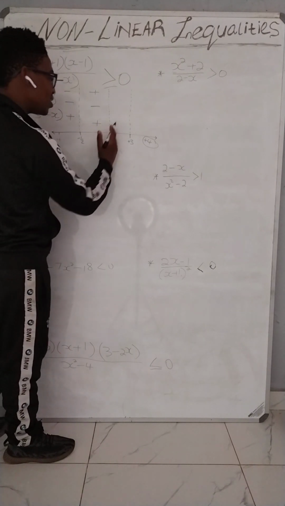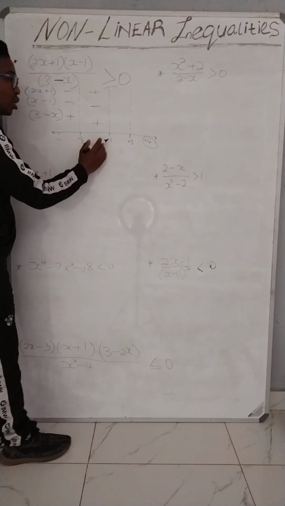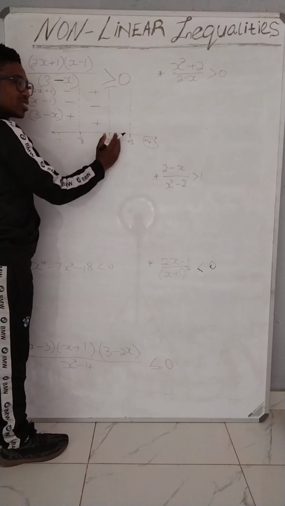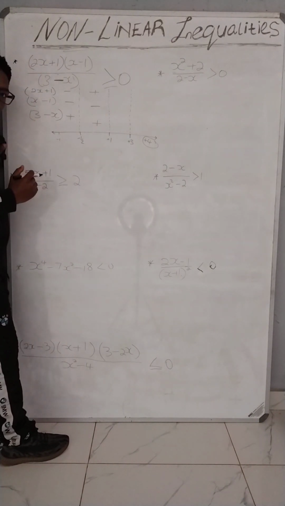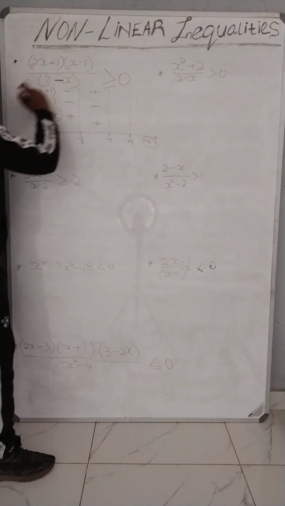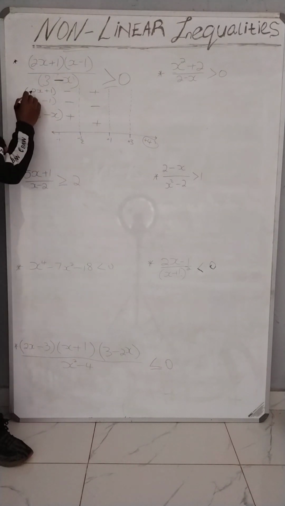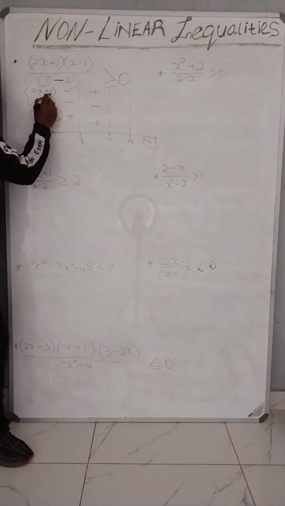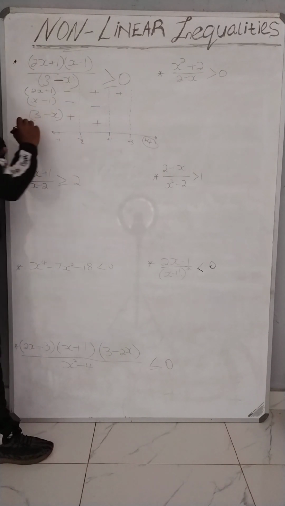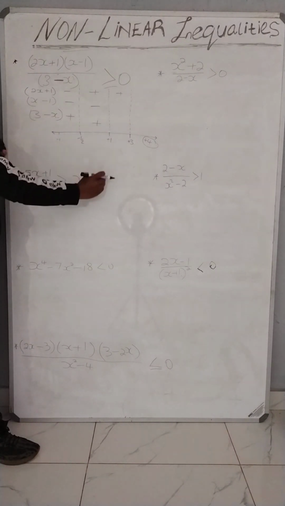Now, on this side, between a positive 1 and a positive 3, you could have a positive 2. For a positive 2, you're going to do the same thing. 2 times 2 here will be 4. 4 plus 1 is 5. So this factor will be positive on this side.